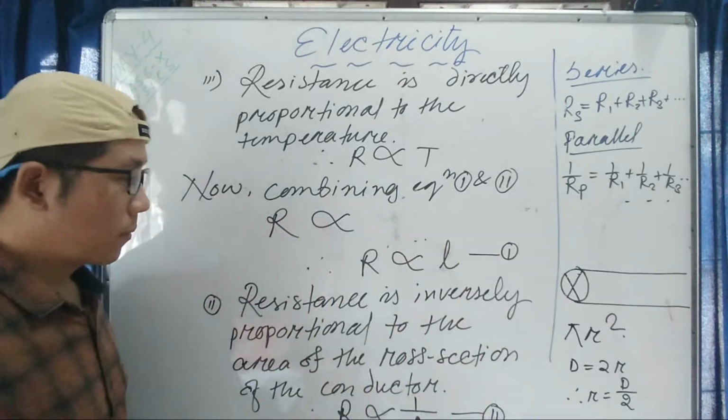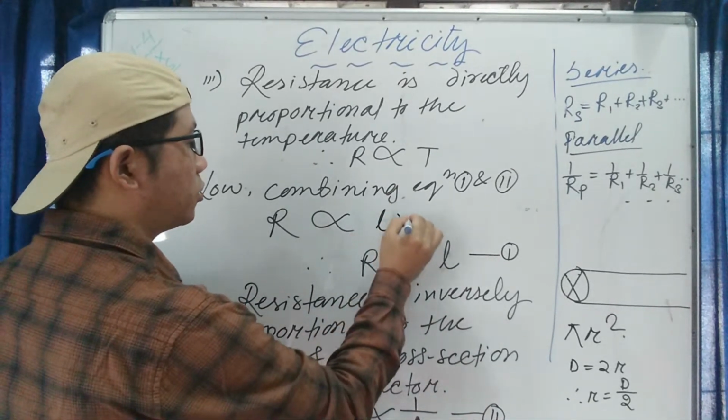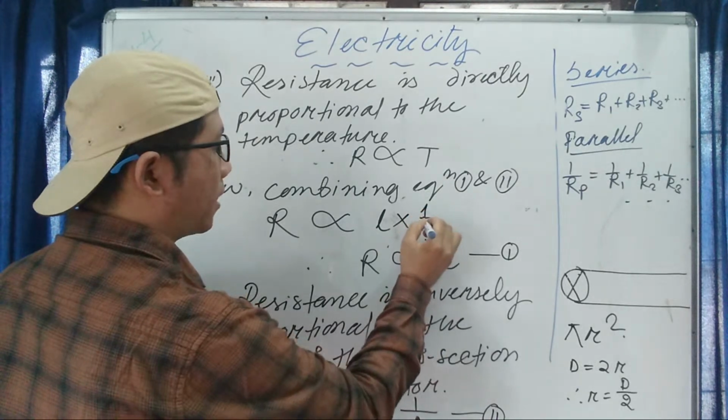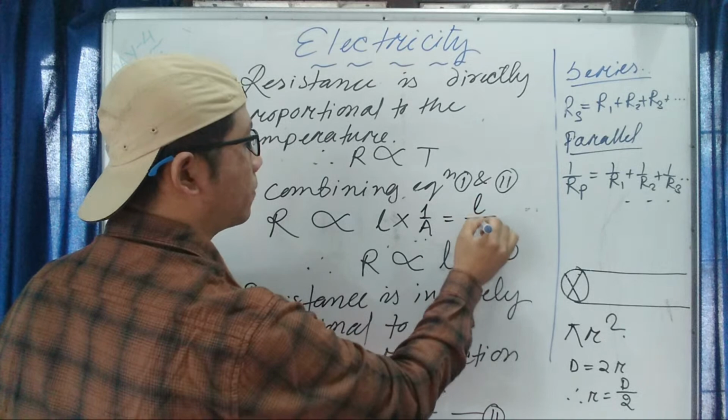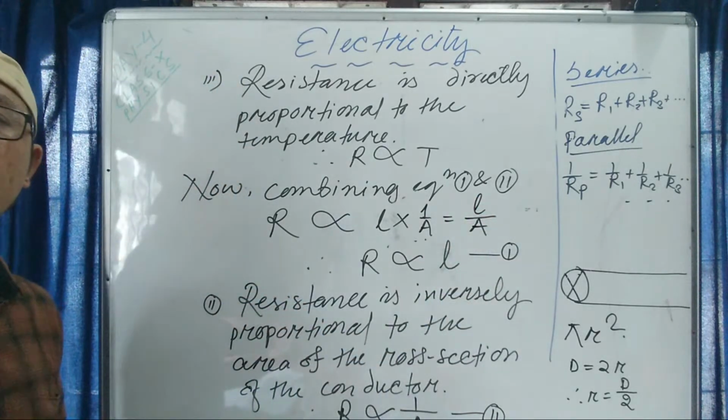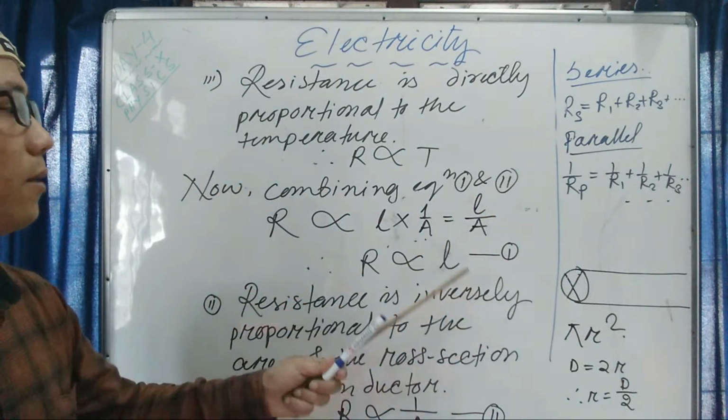So that is L into 1 by A. So I think you know this one, that it comes to here L by A only.